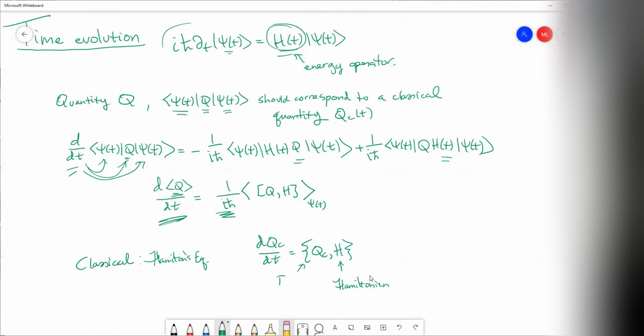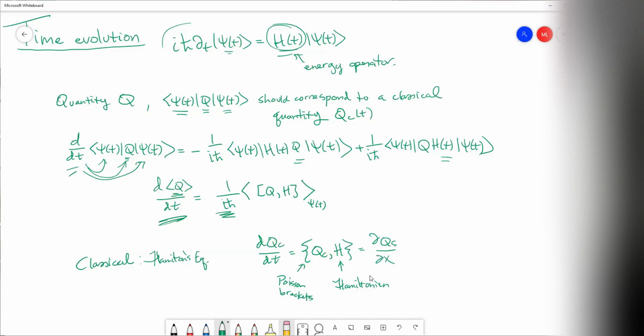These are called Poisson brackets. Not so important that you know this. And what that looks like is, these generalized coordinates will typically depend on the phase space variables, position and momentum of your classical system.